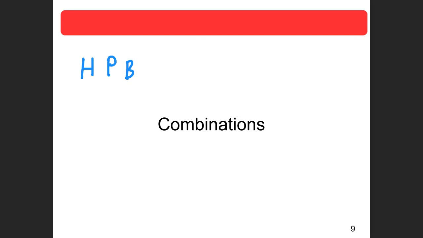They take my order and start making my pizza. Then I go back about 5 minutes later and say, no, that's not the pizza I want. I don't want ham, pineapple, bacon. I want bacon, ham, pineapple. Is that the same pizza?